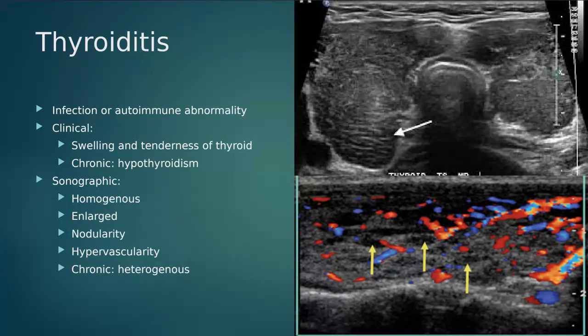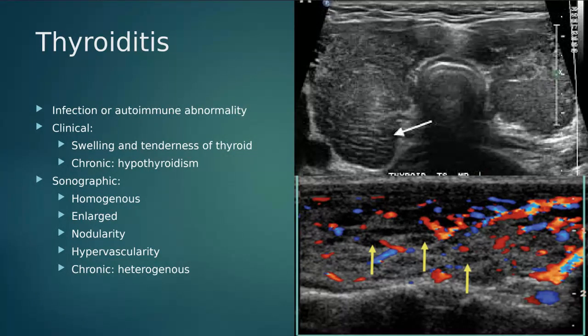So thyroiditis is going to be caused by either that infection or autoimmune abnormality. When we're talking about an "itis," we're talking about inflammation. So this tissue is going to become inflamed. It's going to be responding to either that autoimmune disease or that infection to try to fight it off and get back to normal.